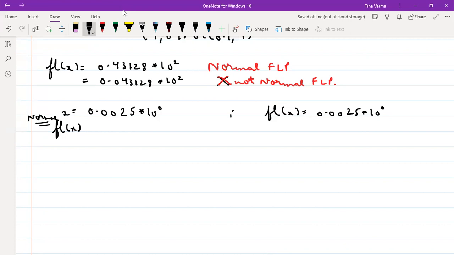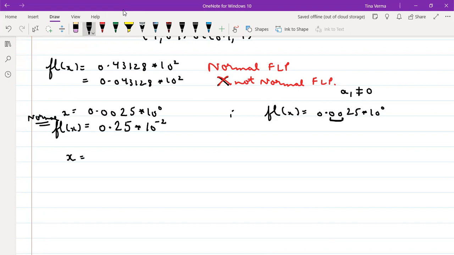But if we are writing it in the normal form, there can't be zeros here. That means the A1 term in the mantissa part should be a non-zero term. So the zeros will be shifted towards the left. We have shifted 2 zeros, so here it will be 0 minus 2, that will be -2.